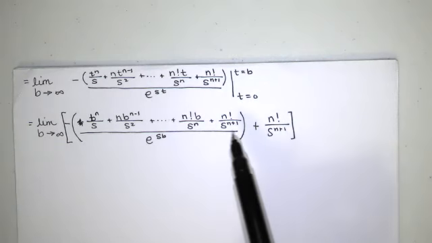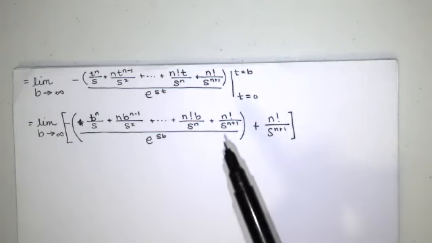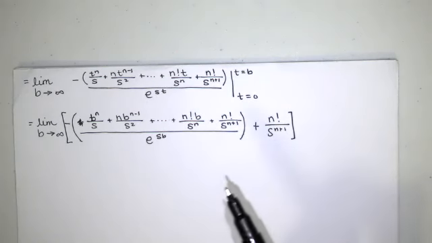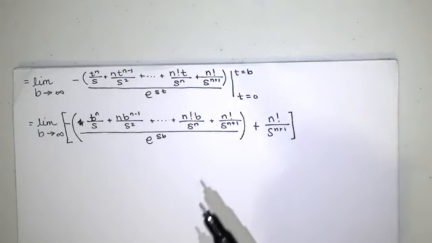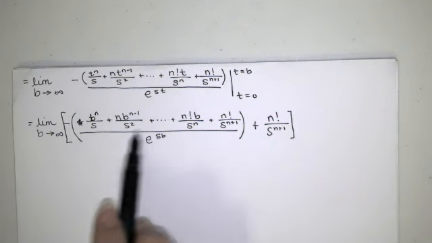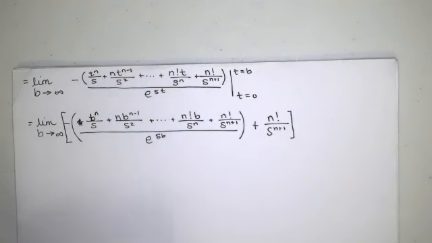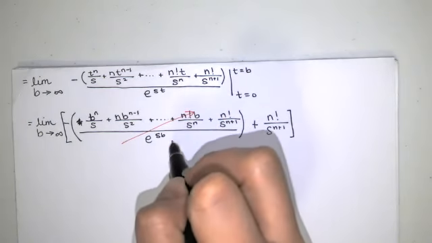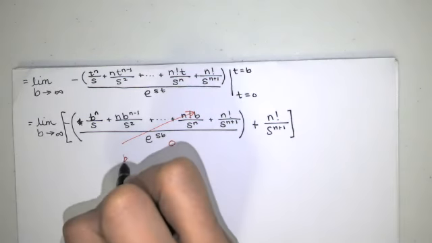So this is going to go to 0 because if we applied L'Hopital's rule n times, we would eventually get to a point where we have a constant over something going to infinity, so we would get 0. Or you can think of it this way: exponentials grow faster than polynomials. They always grow faster than polynomials eventually. So this guy is going to go to 0. And I'll just say by L'Hopital's rule.